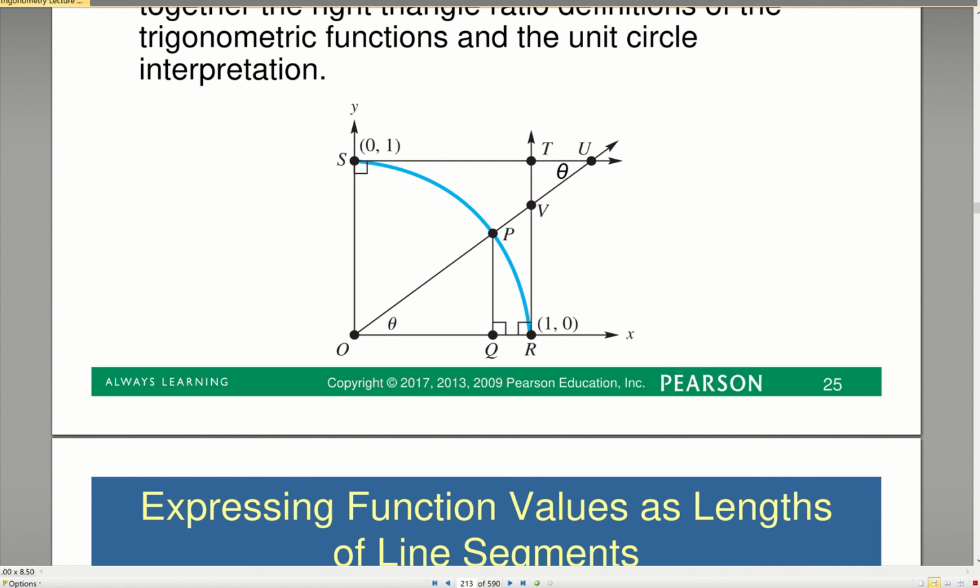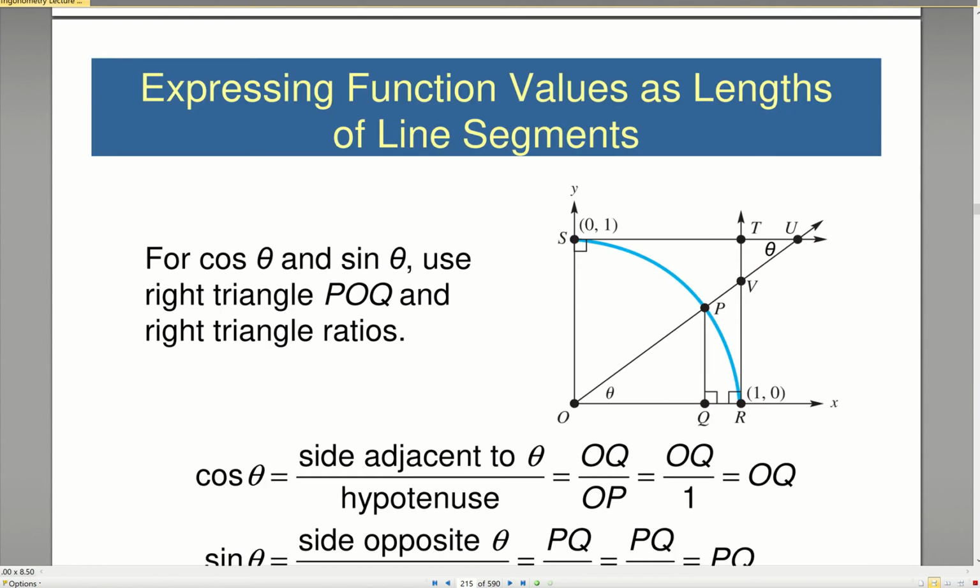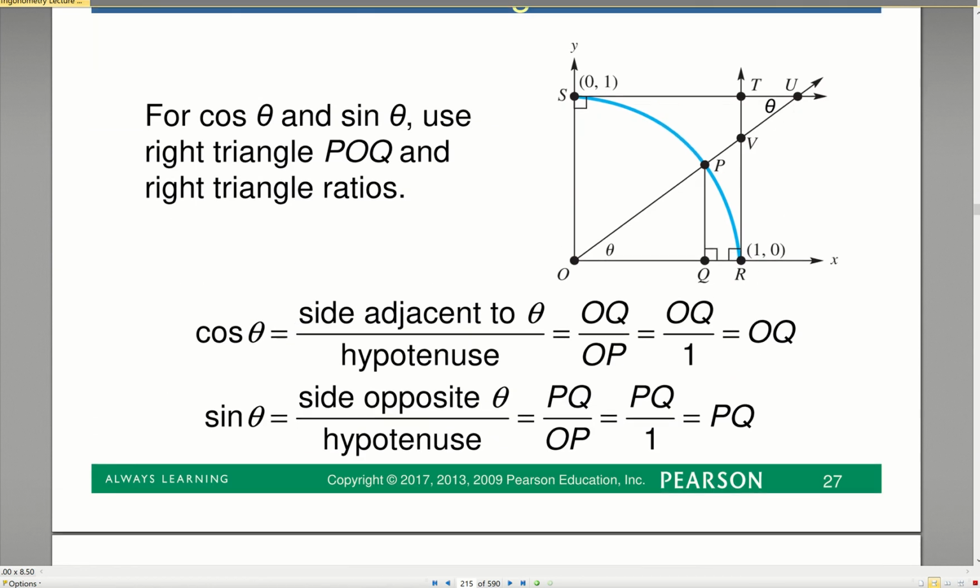So it turns out that we can use this nice picture, this graph, to write the values of all 6 trigonometric functions as one of the sides of one of those 3 triangles that we discussed. This smaller one, this medium sized one, and this larger one. And that's actually quite a simple task. Notice that we can get cosine and sine just from this triangle itself, OPQ.